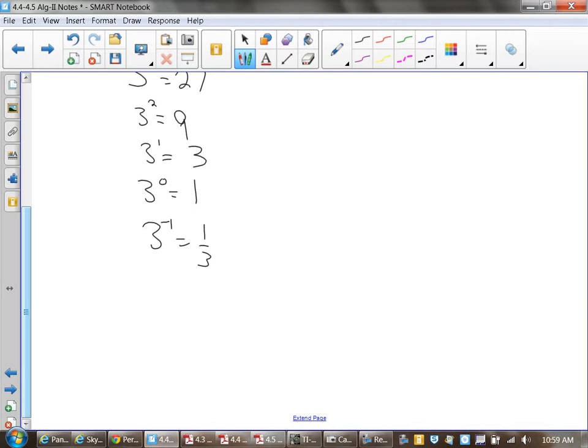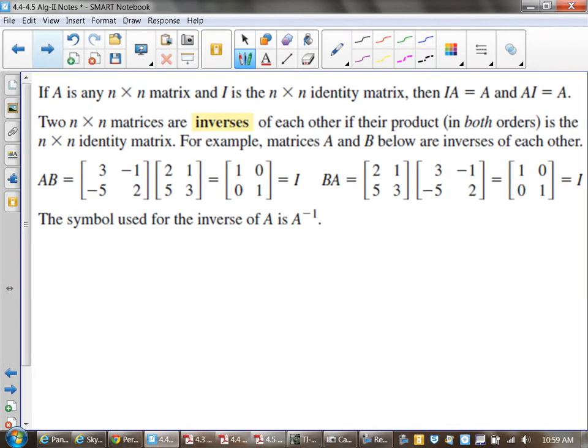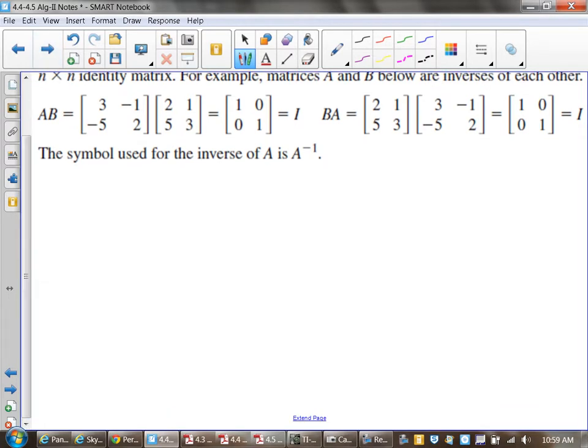So what you can do is take the same premise of solving an equation via inverses as you can with solving equations with matrices and their inverses. As we get into the inverses of matrices, instead of 3 times 1/3 equals 1, when you multiply an inverse of a matrix by the matrix, you get what's called the identity matrix.